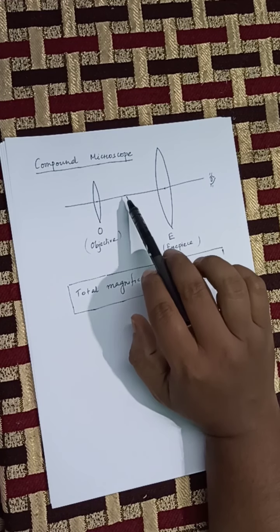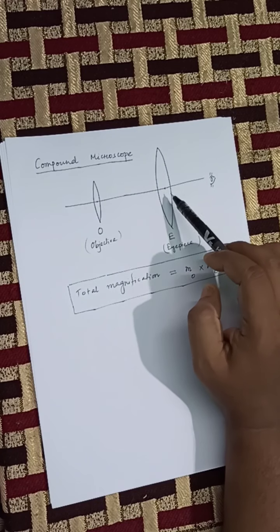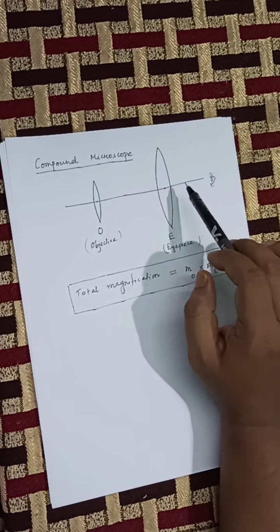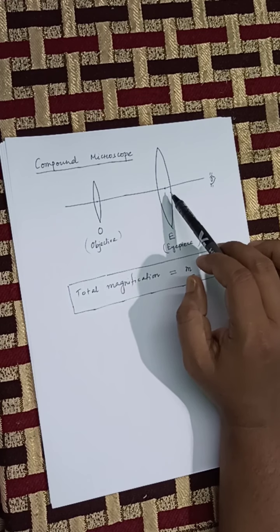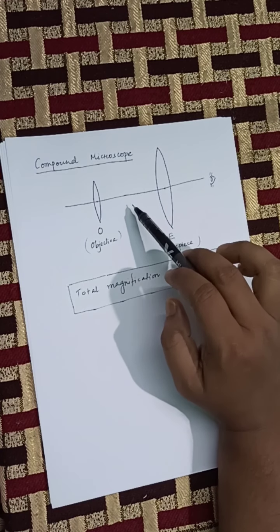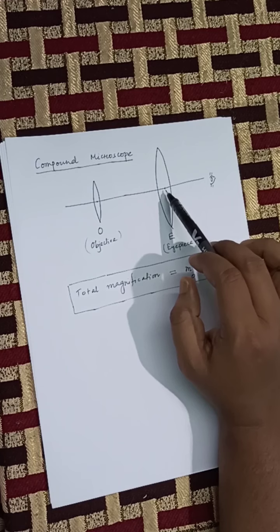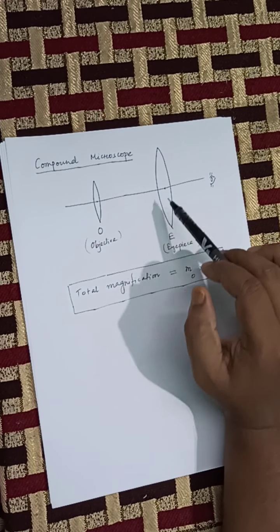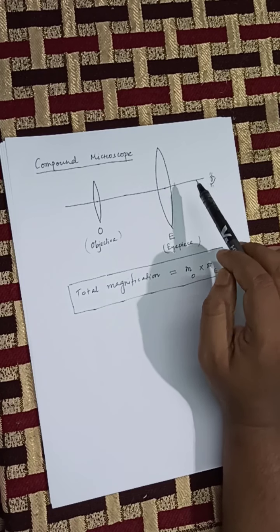Okay, and that will behave like a virtual object for the eyepiece lens. Okay, and due to that virtual object, we can get the final magnified image due to this eyepiece lens.